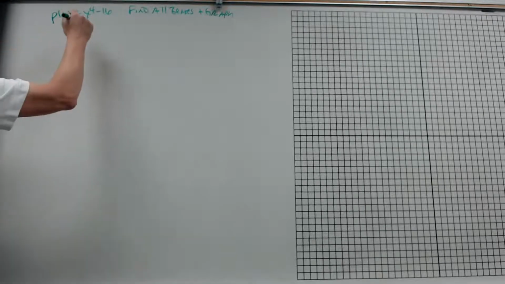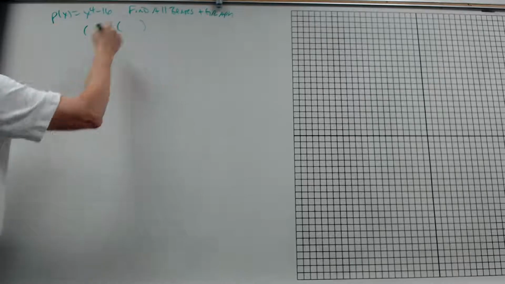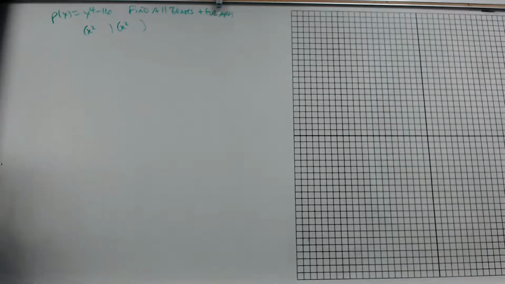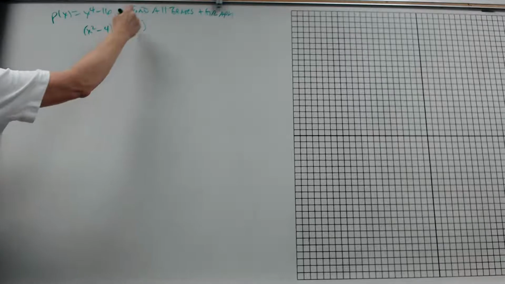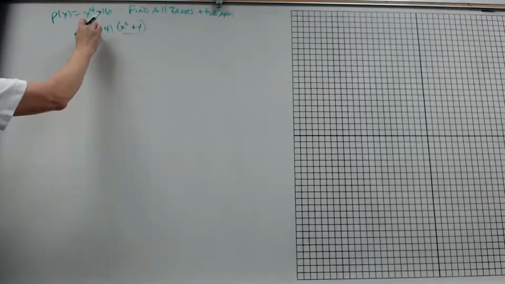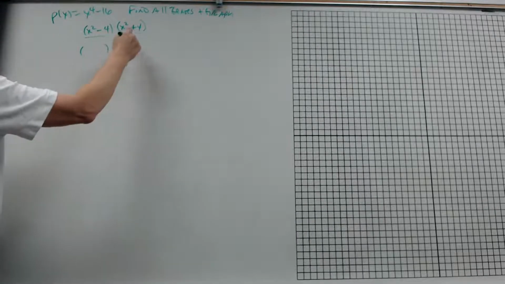We can factor. Okay, factor this into x squared minus 4 times x squared plus 4. That was a good first step. Can we factor these? Yes. Okay, this is the easier one to factor, right?